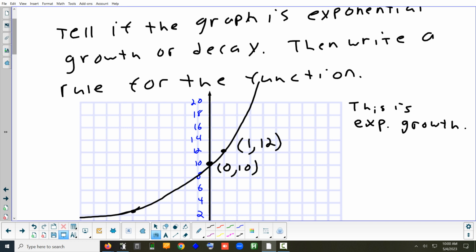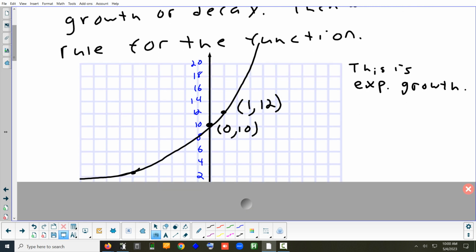And now we have to figure out a formula for that. Okay, we don't have a table this time, so we've got to look at that picture and figure out the formula. Here's your formula. If we had a table, how would you figure out the a value? Yeah, you look where the x value is 0 and you look at the y column. You'd look where the x value is 0, and then you'd look for the number that's next to it in the y column.